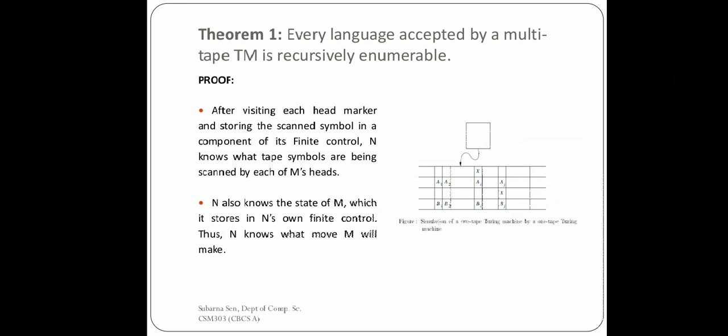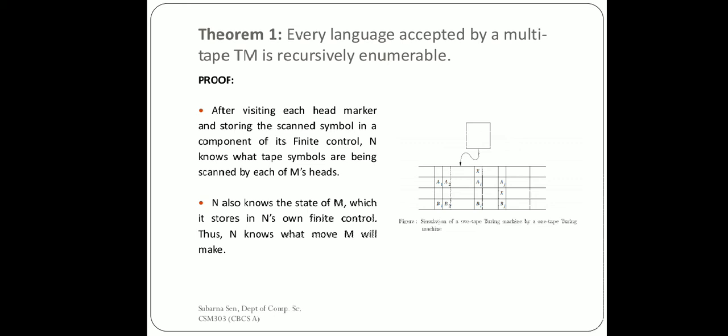Now after visiting each head marker and storing the scanned symbol in a component of its finite control, N knows what tape symbols are being scanned by M's heads, right? So it is already storing it. Whatever M's head is scanning for the first tape, whatever it is scanning for the second tape, everything is known to N because it is going to store it in the x values of each and every track, right?